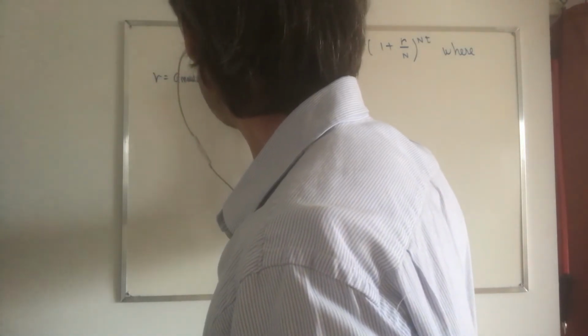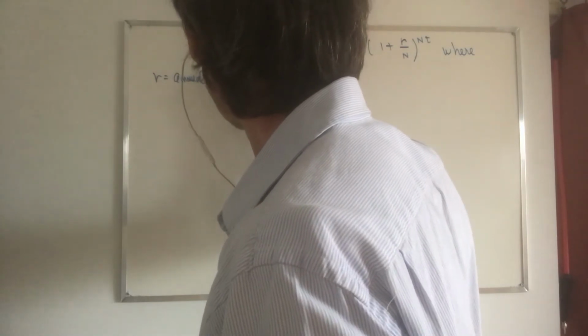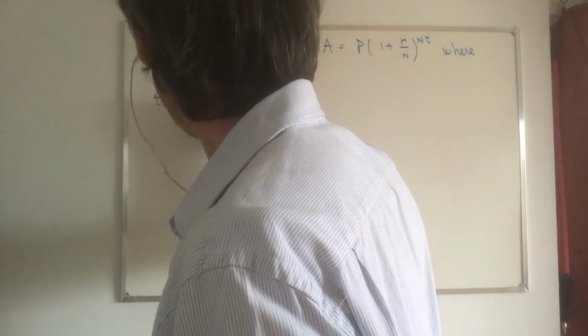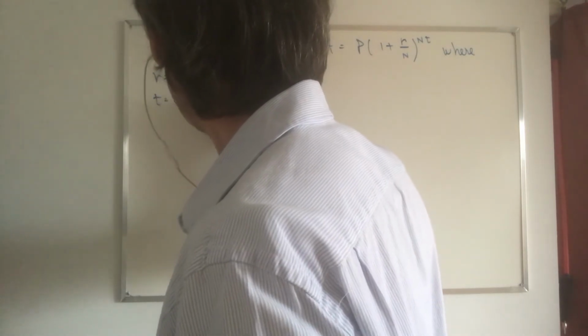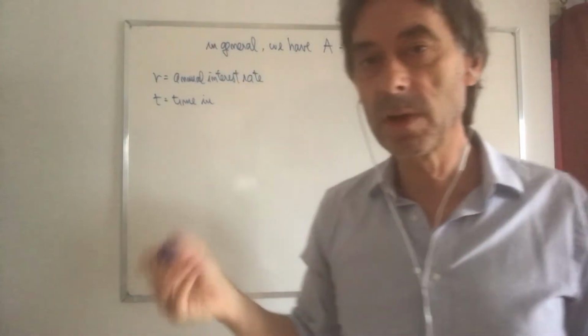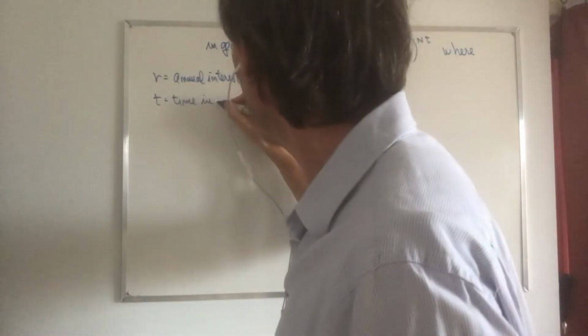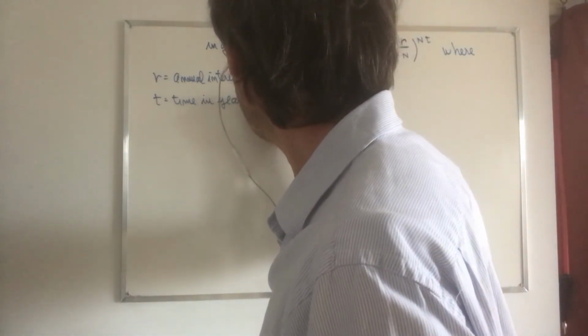Nothing changes here. T is time in years, even if it's a fraction, even if it's 3 months, which is 3/12 of a year, 1/4 of a year. Time always in years.